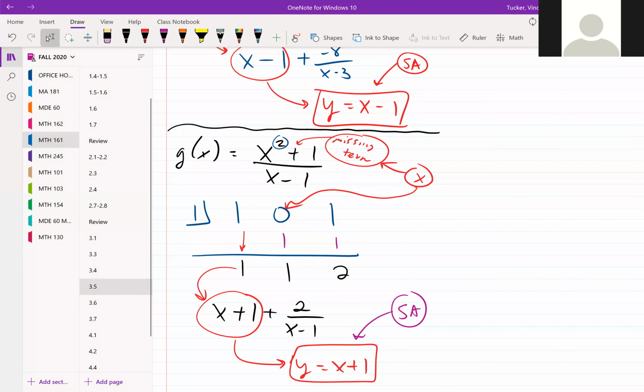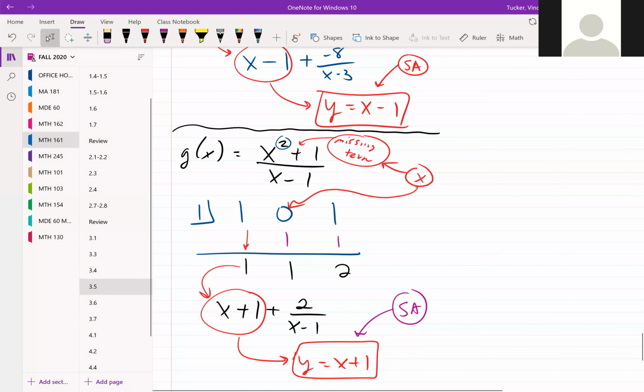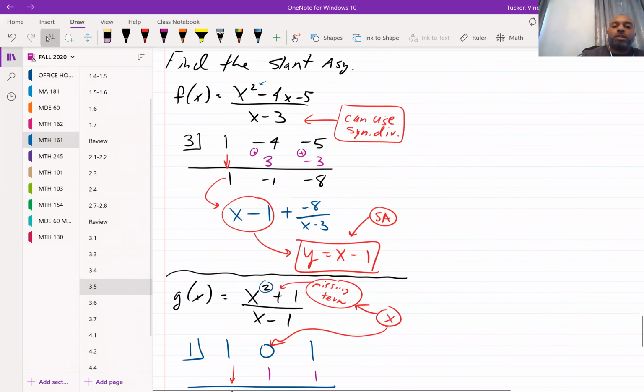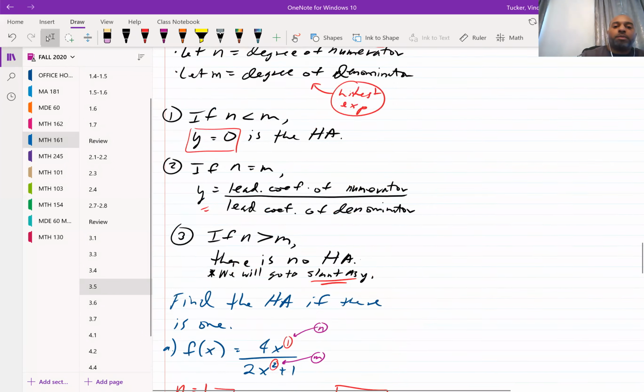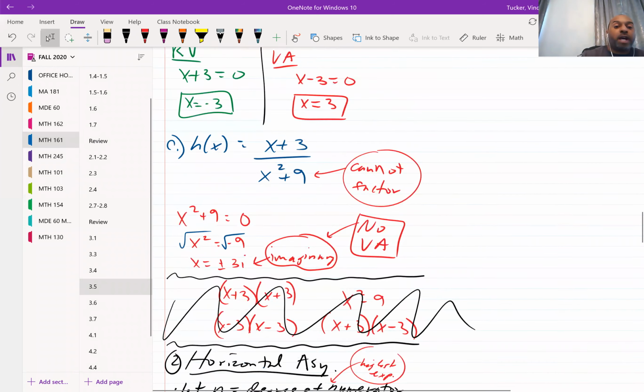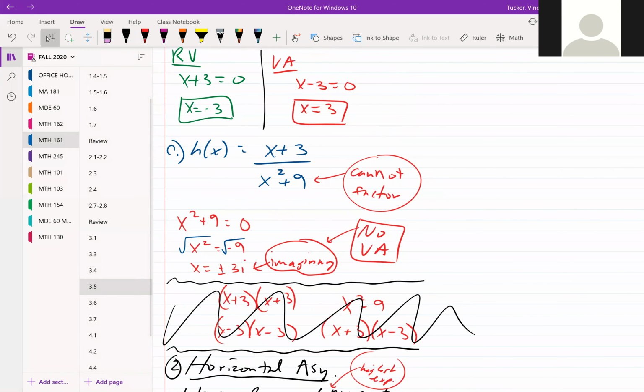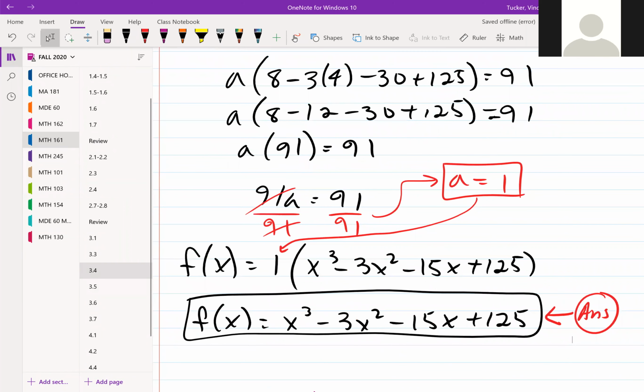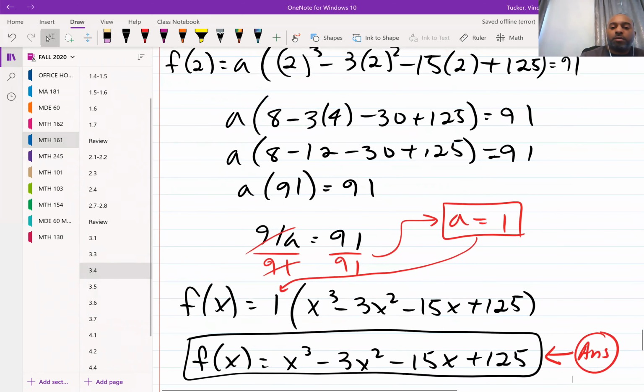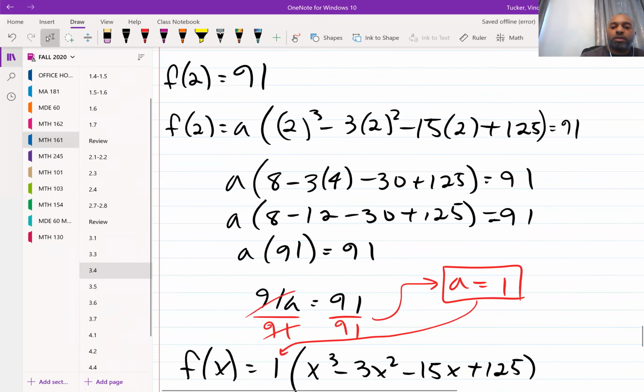I'm sorry, can you go back before the asymptotes? I didn't write something down. Okay, not a problem. Let me know when to stop. You're talking about 3.4. Yes, please. Let me know where to go. Keep scrolling up.